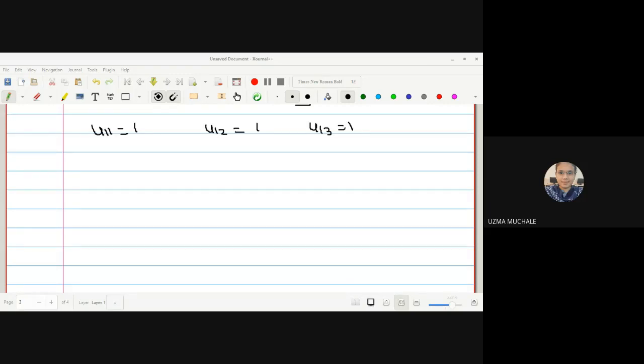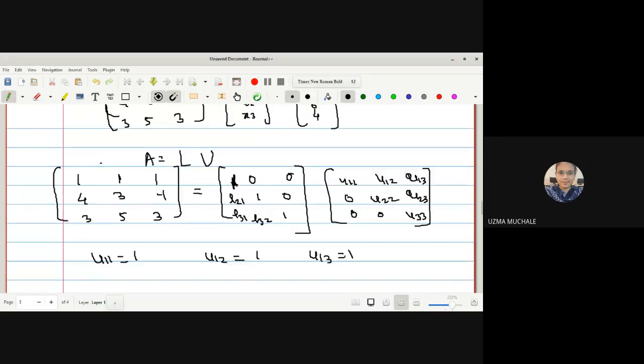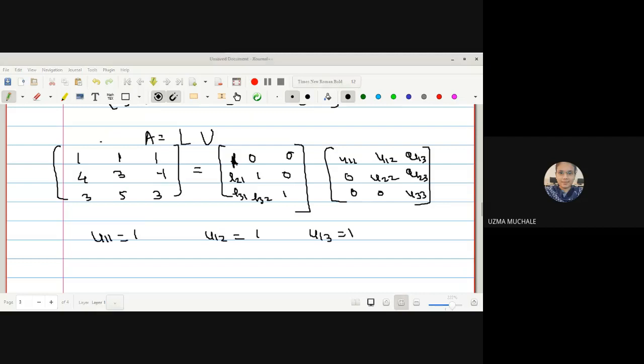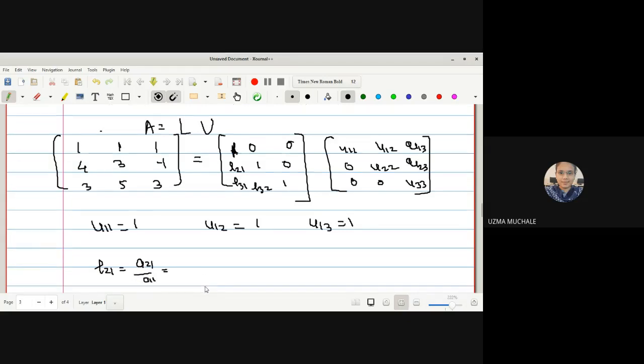L21 is A21 divided by A11. What is A21? The second row, first column, that is 4, divided by A11, which is 1. So we get the answer 4.